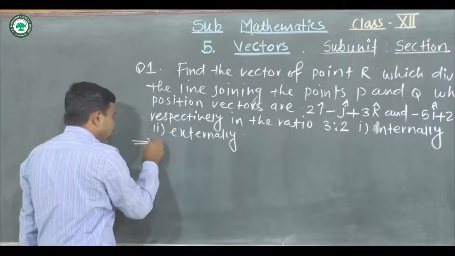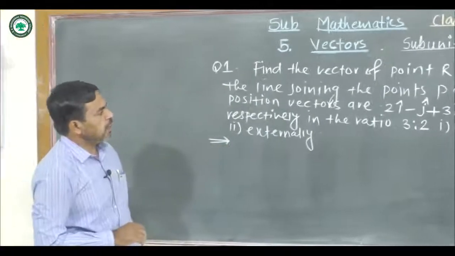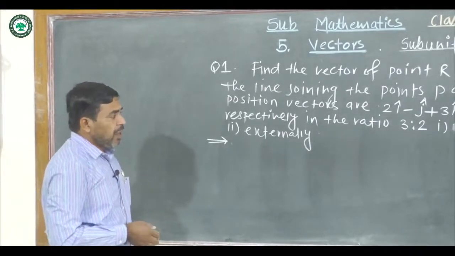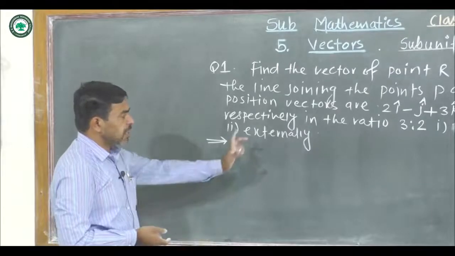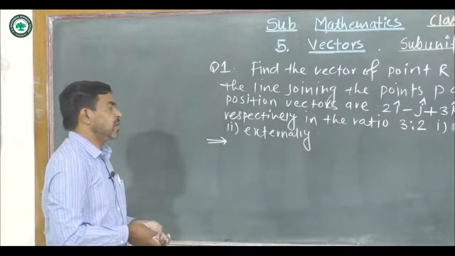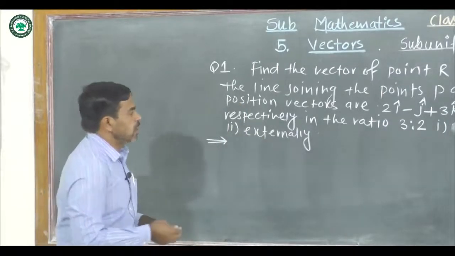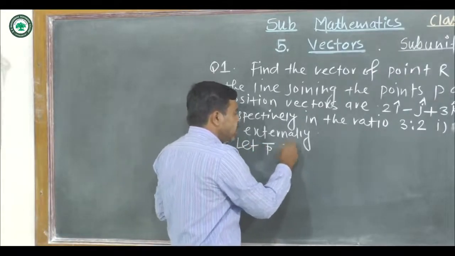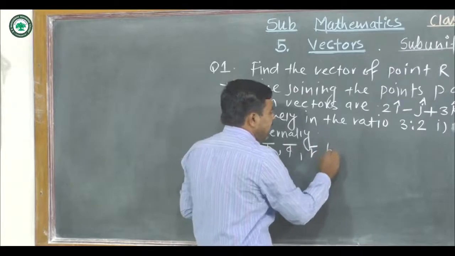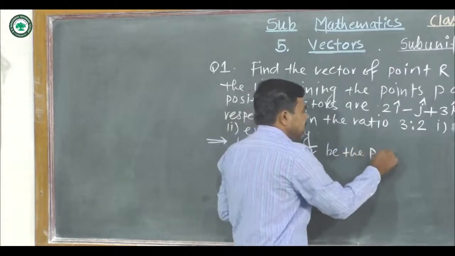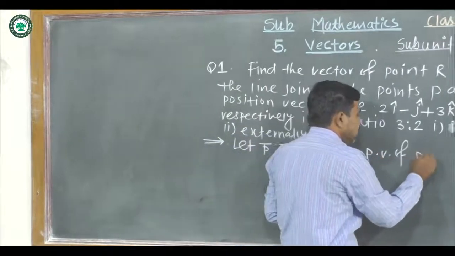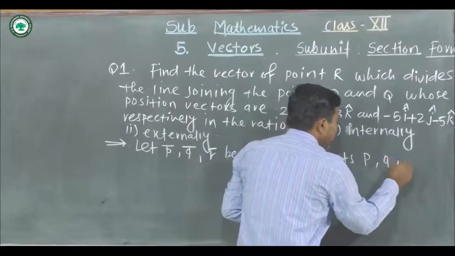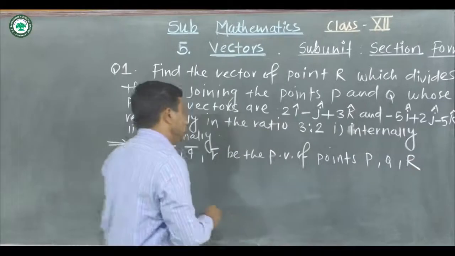Means here we have to find out the position vector of the point R which divides the segment PQ internally in the ratio 3:2 as well as externally in the ratio 3:2. Okay, let's see. Let p bar, q bar and small r bar be the position vectors of points P, Q, R respectively.